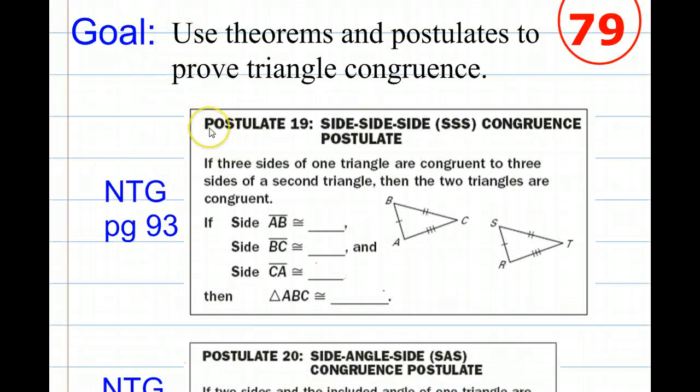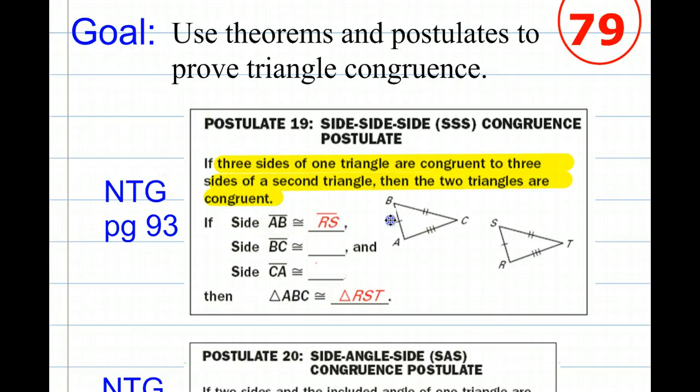Now, postulates are statements or conjectures that are made that we really don't have to prove because they're obvious. And one of the first congruence shortcuts in the book is labeled Postulate 19, which says side, side, side congruence. That says that instead of showing that all 3 pairs of corresponding angles and all 3 pairs of corresponding sides are congruent, if I can show that just all 3 pairs of corresponding sides are congruent, then that's sufficient to show that the triangles are congruent.